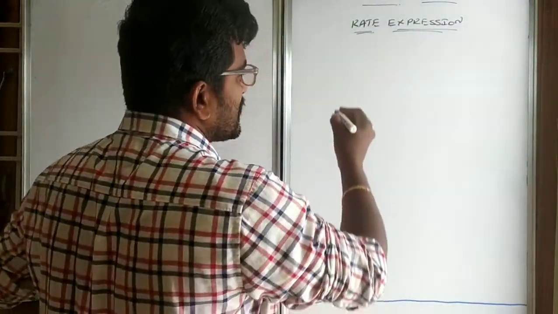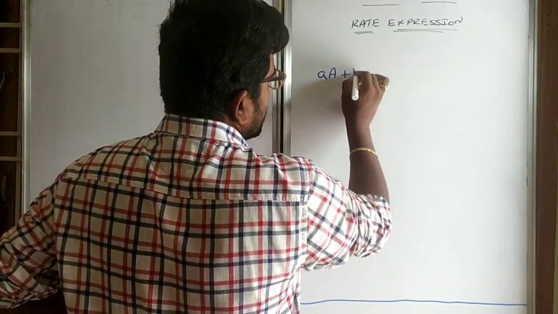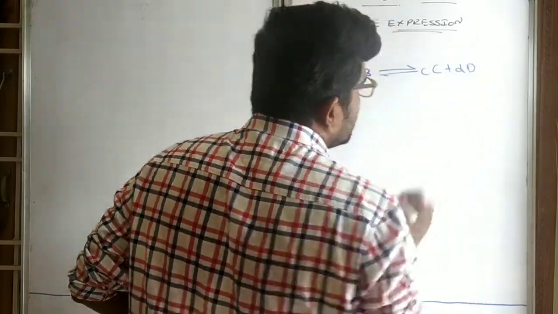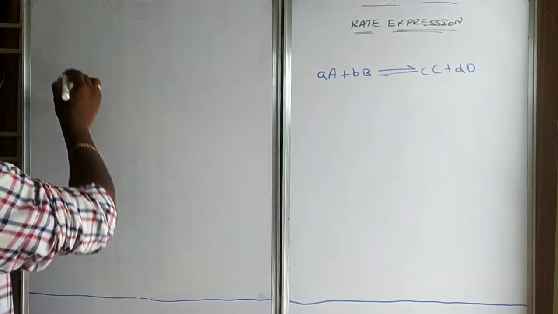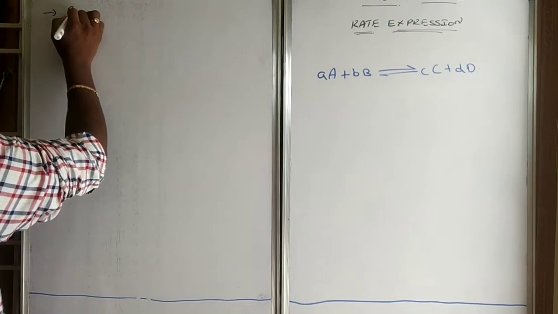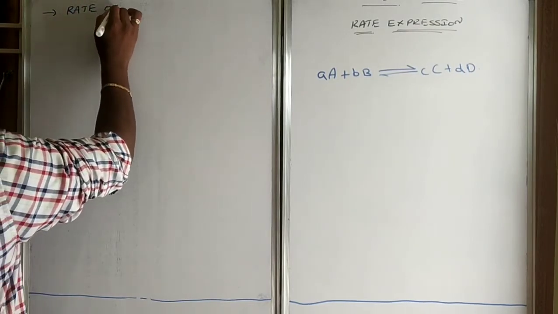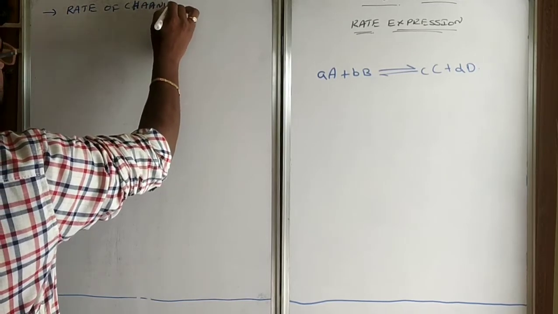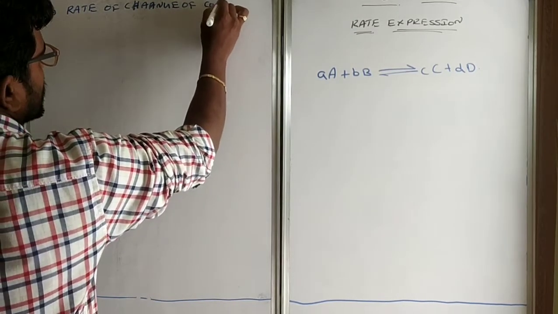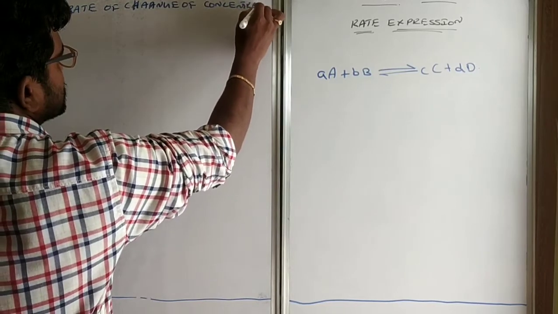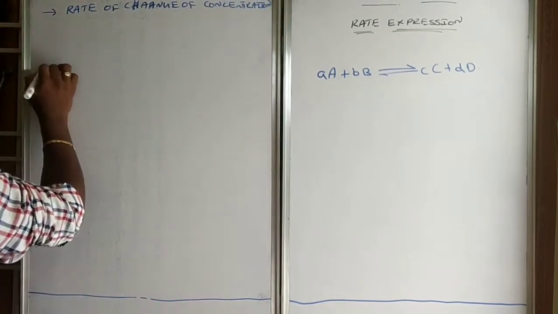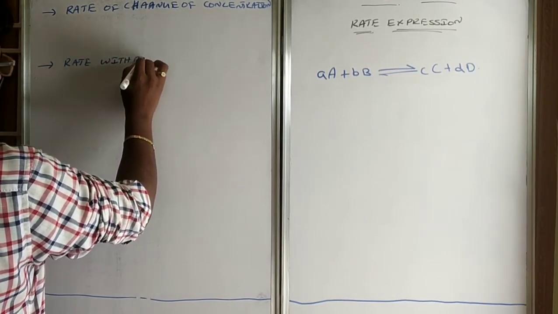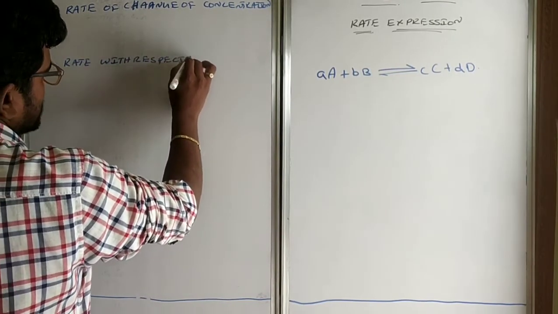Let us consider a chemical reaction: aA + bB gives cC + dD. Before understanding this one, you should know the rate of change of concentration and the rate with respect to each component.